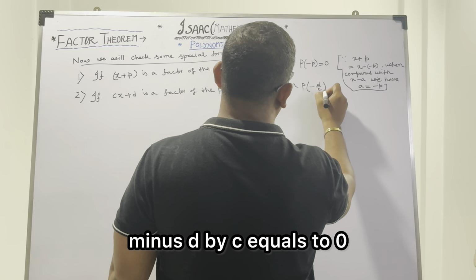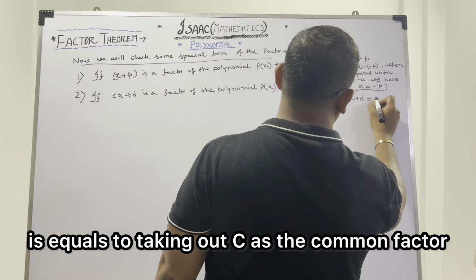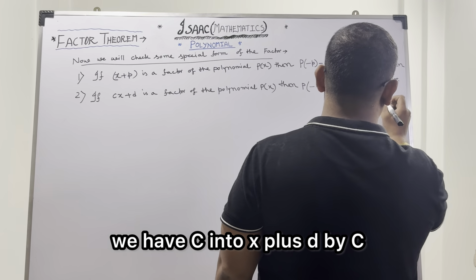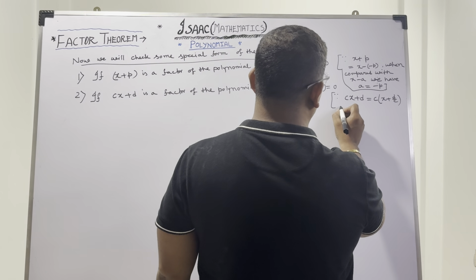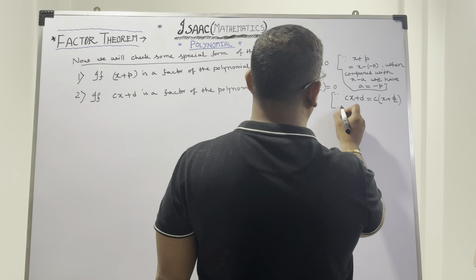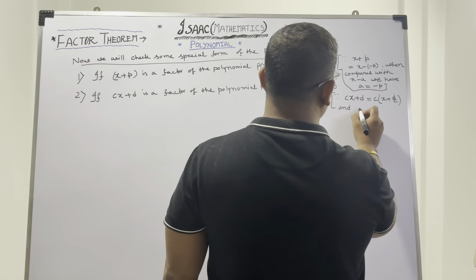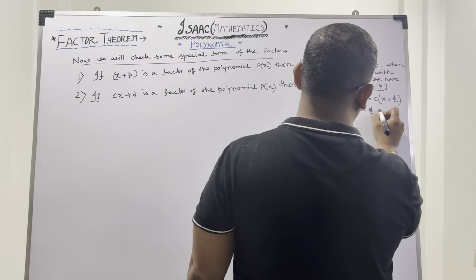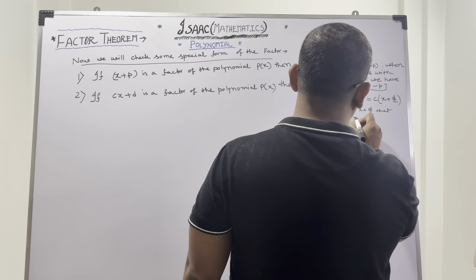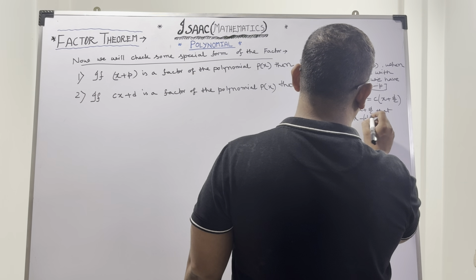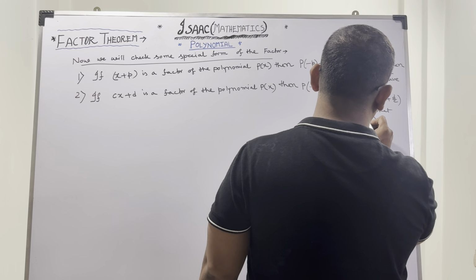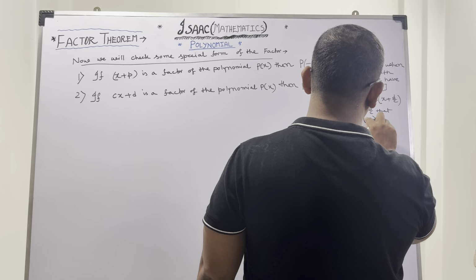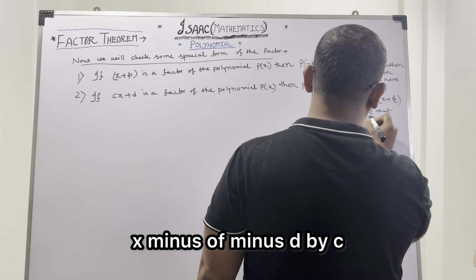Since cx plus d is equal to, taking out c as the common factor, c into x plus d by c, and x plus d by c is x minus of minus d by c.